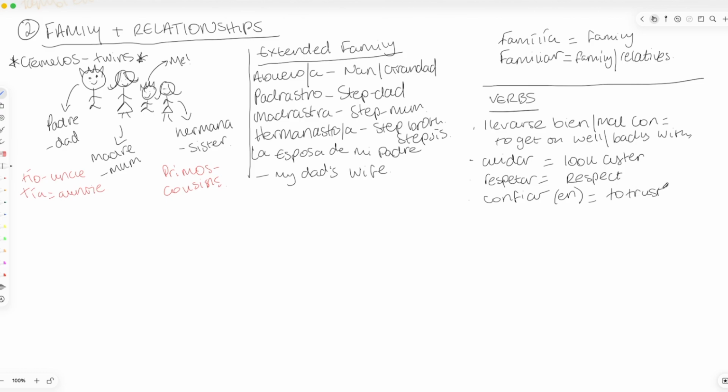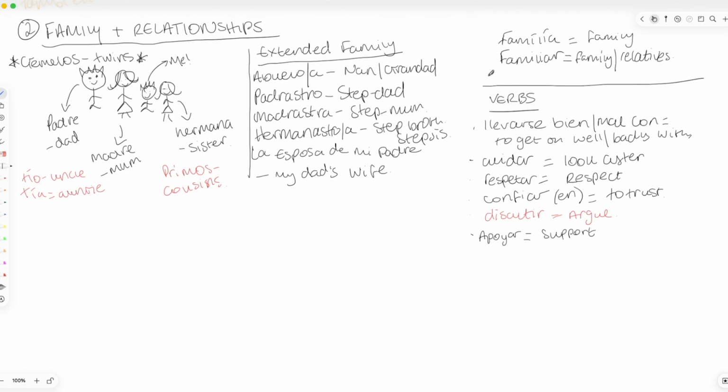And if you want a bit more of a negative one, you can use discutir, which is to argue. Another good verb to know is the verb apoyar, which is to, I can never remember this one, to support. That's a lovely one to use.